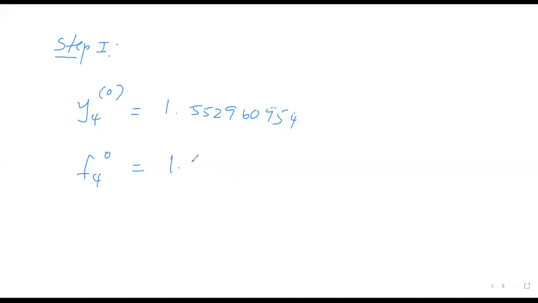Okay, 1.71296054. Okay, is this correct? Okay, if you finish, go for step 2. So what is y4 of 1? Just substitute these values and find the answer.